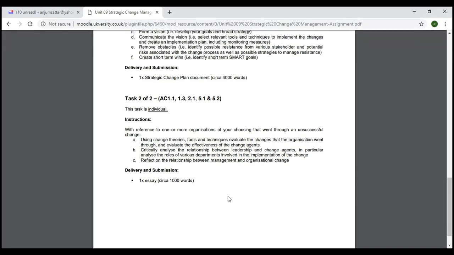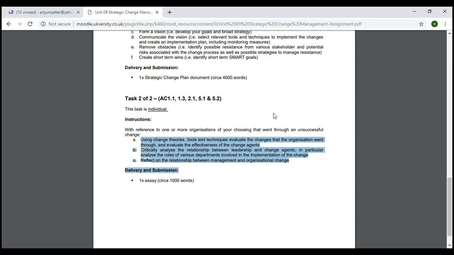There are a number of examples like the NHS IT system back in 2010, which the Labour government introduced, but still the IT is not providing the opportunity to individuals to book appointments or review their medical history online using passwords. We can add any example there and critically discuss it.